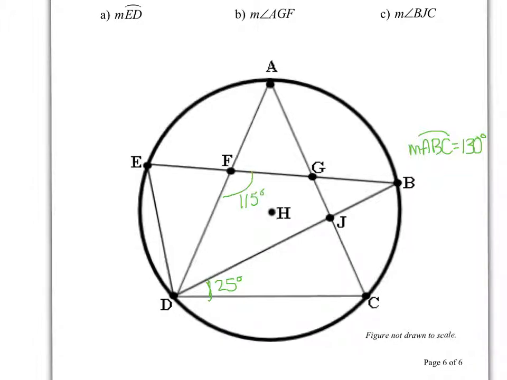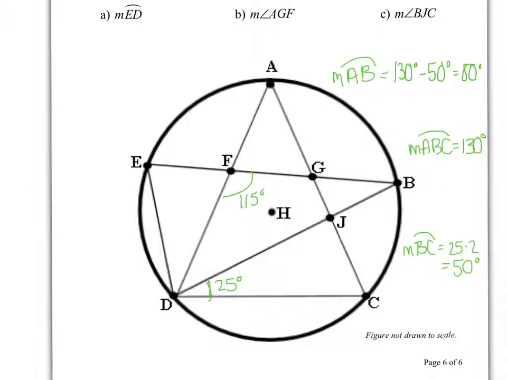Well, just looking at this, I've got an inscribed angle right here, so I can figure out the measure of arc BC because it's 25 times 2, which is 50 degrees. That means I can figure out the measure of arc AB, this part, because if this is all 130 but this is 50, this is 130 degrees minus 50 degrees, which is going to be 80 degrees.